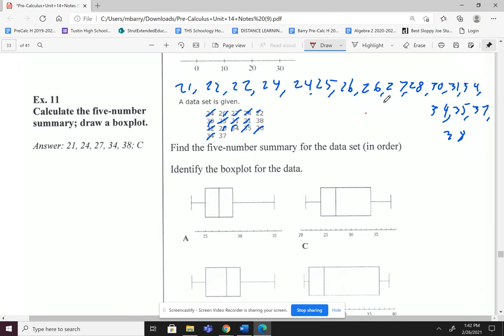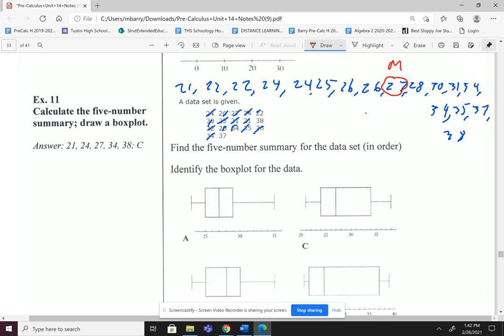Find our median. So I have 21 and 38, 37 and 22, 35 and the other 22, 34 and 24, 30, the other 34 and the other 24, 31 and 25, 30 and 26, 26 and 28. And so 27 is our median.